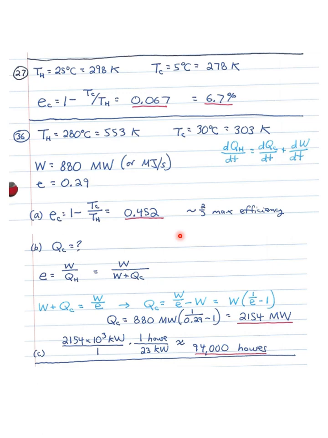So we want to find Q sub C. Efficiency is work over Q sub H. We want to get Q sub C involved in that equation, so let's substitute Q sub H as W plus Q sub C. Now I'm going to solve this equation for Q sub C, and the first thing I do is multiply both sides of the equation by W plus Q sub C, and divide both sides of the equation by E. And you can follow along and see little by little I've solved it for Q sub C, and you should get work times 1 over E minus E. We plug in the values and we get 2154 megawatts.